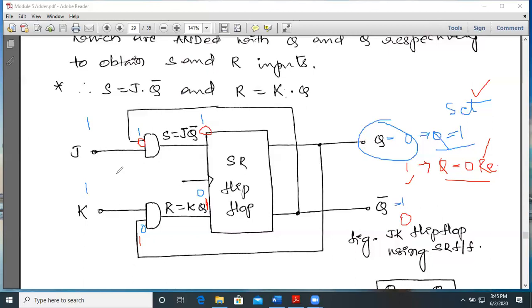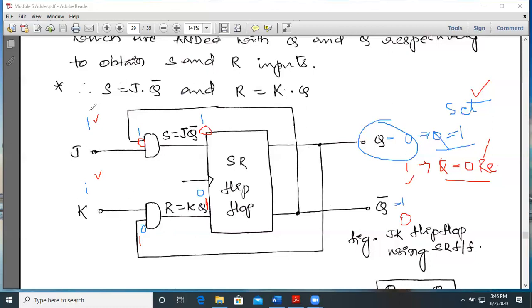So that invalid or forbidden state is overcome by this new flip-flop, which is called the JK flip-flop. So in the JK flip-flop, with the help of these two AND gates, we are taking the feedback from Q and Q bar. When we pass them through the AND gates, it is going to overcome the forbidden state that is persisting in the SR flip-flop, because here we are giving J equal to 1 and K equal to 1.